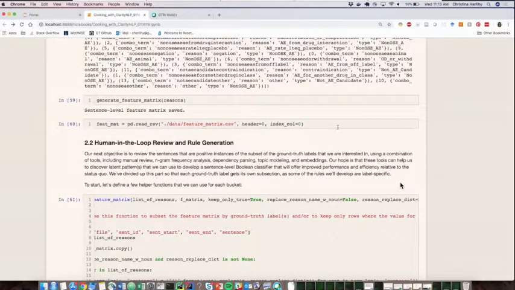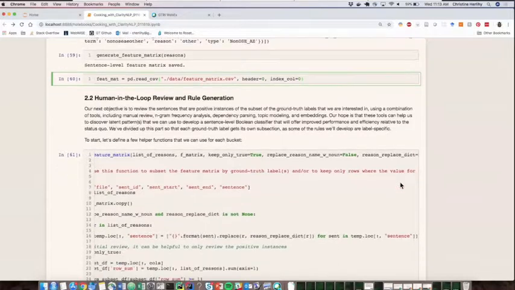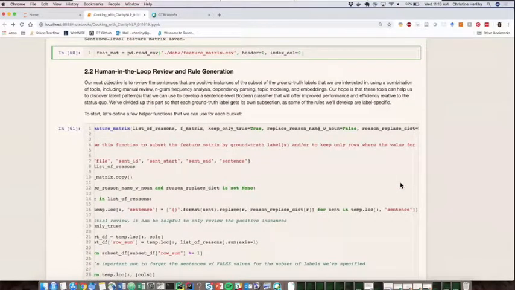And that matrix gets generated, and from here we're in a good position to start talking about what we refer to as a human-in-the-loop review of the feature matrix and the sentences, and then rule generation. So the idea here is that you could potentially combine several different NLP methods to go from raw sentences with labels to, I'll call it a rule-based engine, but I would caveat here that the rules don't necessarily have to be as naive as some of the ones we'll present here.